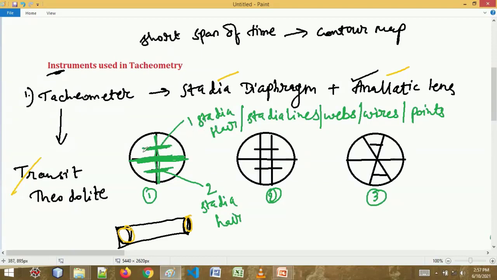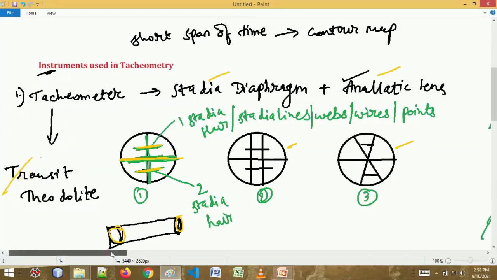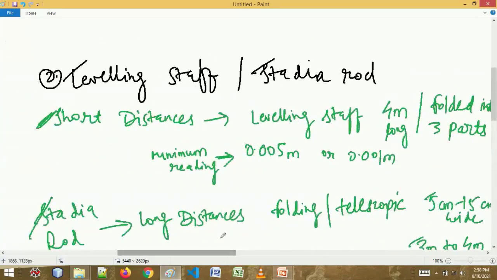These stadia diaphragms are of these 3 types: the central crosshair, the upper crosshair and the lower crosshair, and these are 2 other arrangements in which stadia hairs are used. And the second instrument is a leveling staff or a stadia rod. Leveling staff is used for shorter distances and stadia rod is used for longer distances.